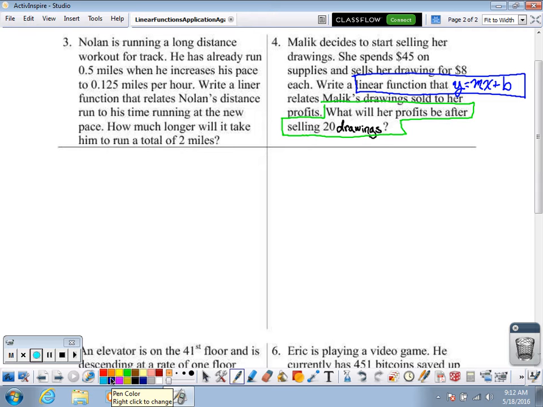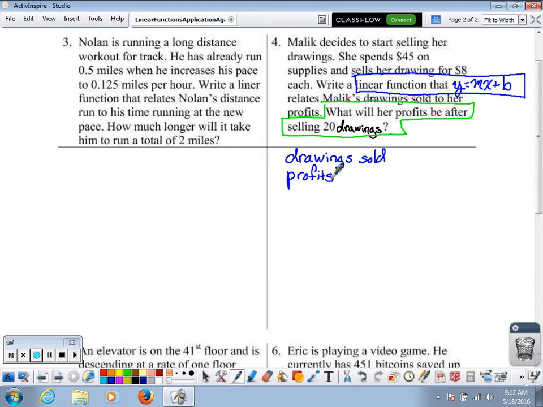What do we need right away? The very first thing that we're going to write down. The variables. Okay, so we're looking for the 2 things that are changing. What 2 things are changing in this story? Very good. Drawing sold and her profits.